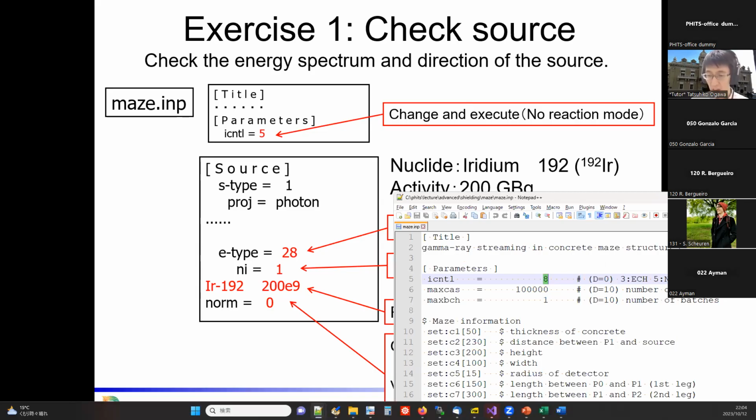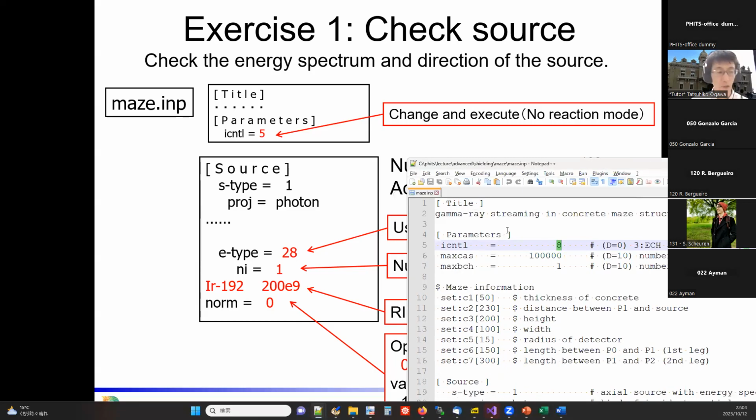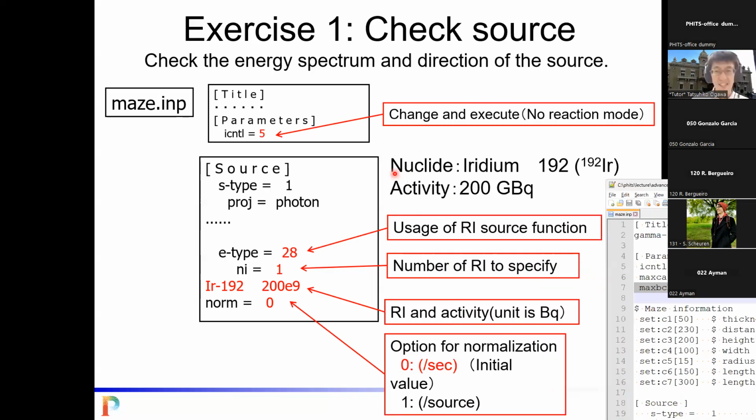Stefan's comment is correct. Actually, the negs parameter is -1 by default. In the parameter section, there is no negs parameter because we are going to use negs = -1, which is the default. And that is an option to use PHITS's native photon transport algorithm.